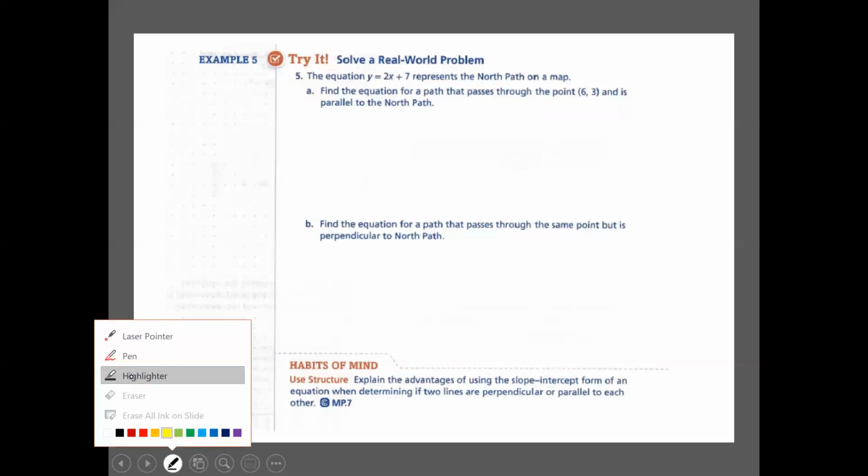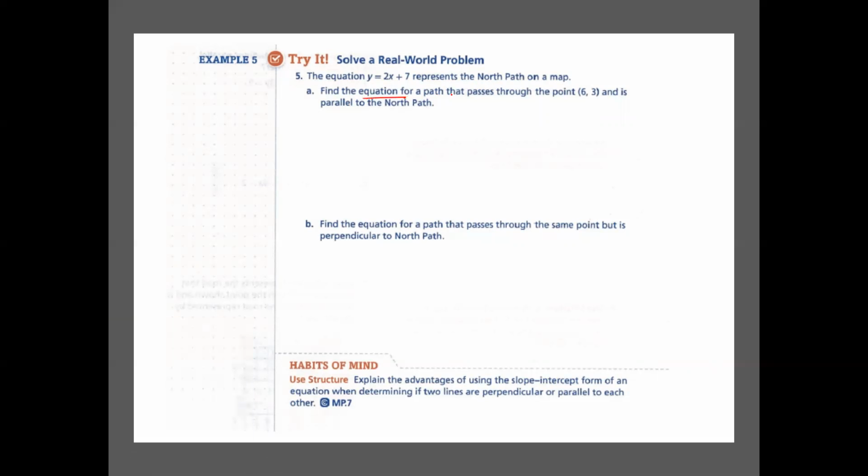Example 5a. Find the equation for a path that passes through point (6, 3) and is parallel to the north path. So if it's parallel, that means my slope is going to be a 2. So let's do this. y equals mx plus b. My y is a 3, m is a 2, x is a 6, plus b.